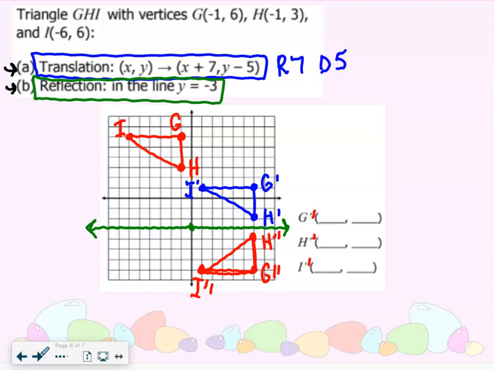We'll see here: 1, 2, 3, 4, 5, 6. 1, 2, 3, 4, 5, 6, 7. Everything checks out. H double prime should be 6, -1: 2, 3, 4. And I double prime should be 1, -7: 1, 2, 3, 4, 5, 6, 7.